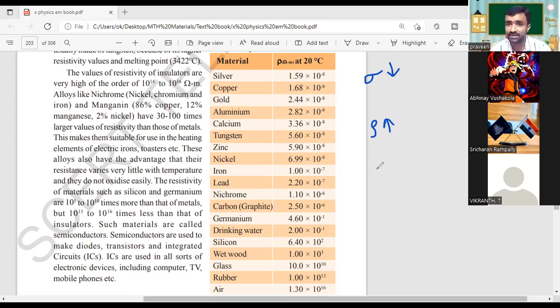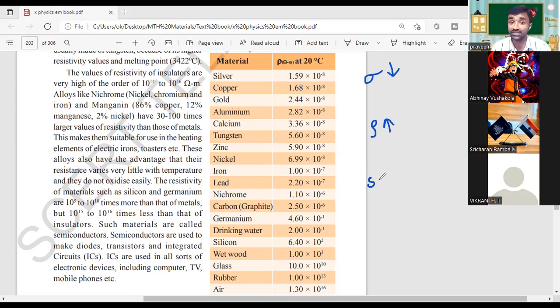which is the best conductor? Answer me. Which is the best conductor? It is the one which has lowest resistivity, highest conductivity.